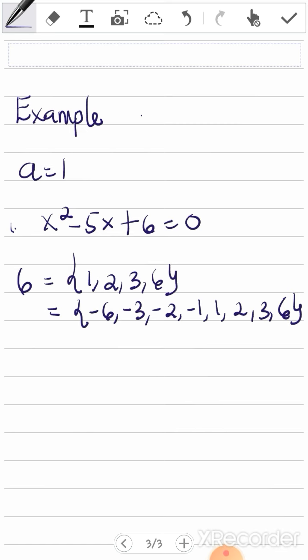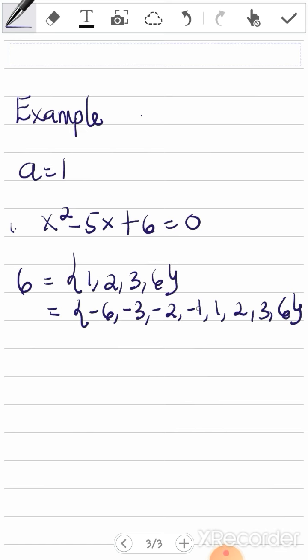I hope you're getting it. With that in mind, we are going to get some integers. Mind you, I told you that factors, when you multiply them, give the number you are finding the factors of. So you can't use 6 and 3, because 6 times 3 is 18, and 18 is not 6.